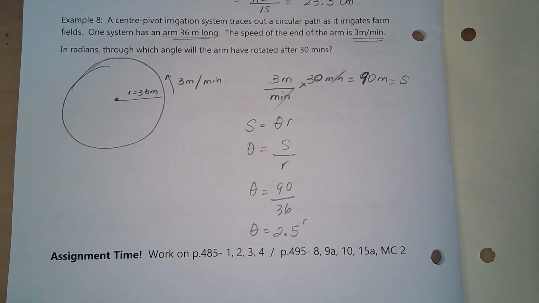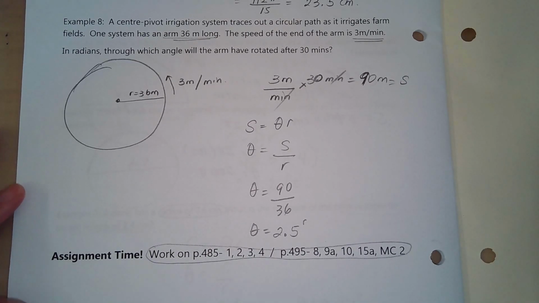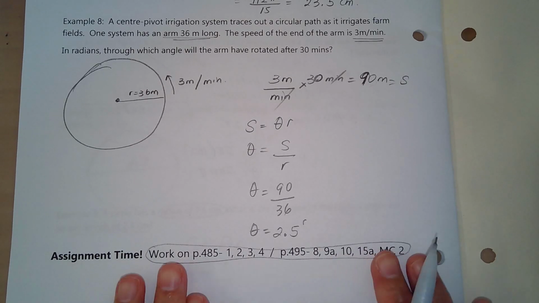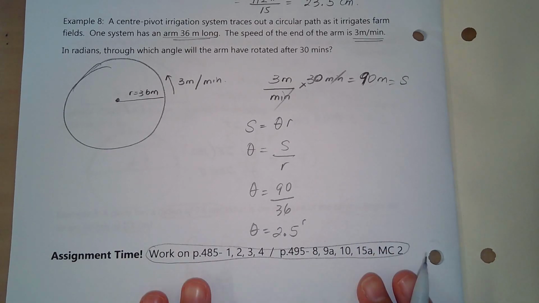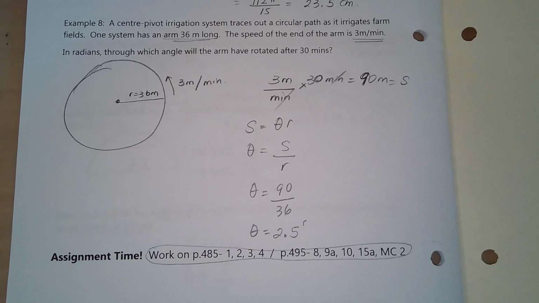You do have some assignment questions in here. You have an option for the rest of the period today. You can work on these assignment questions, something for you to practice on. This lesson is not too bad. This is easy in comparison to what we've done before. Or the other option is for you to work on some of the review questions in the book.